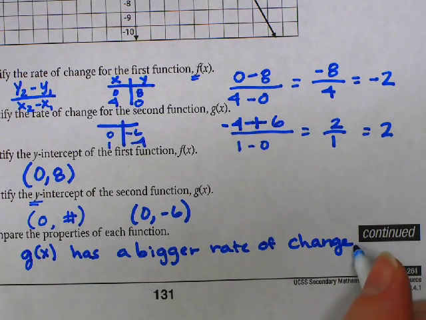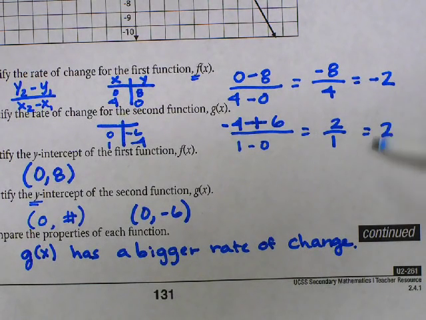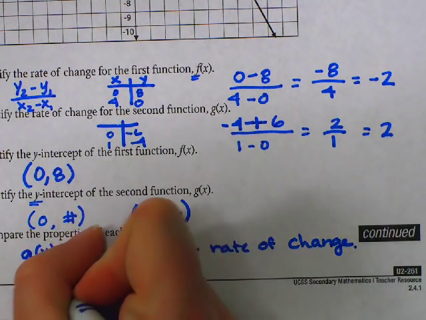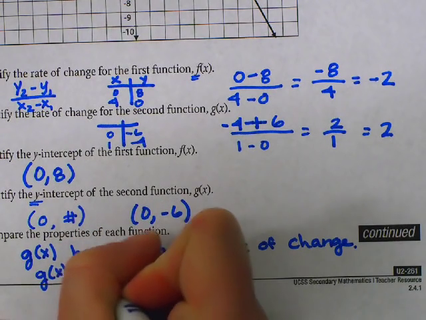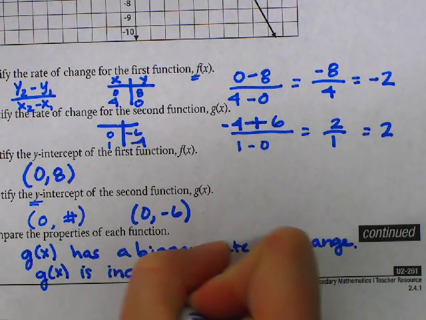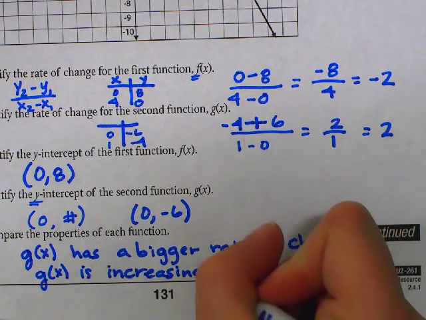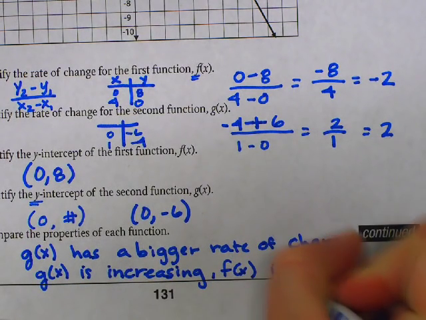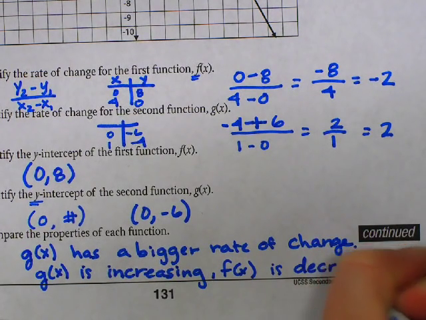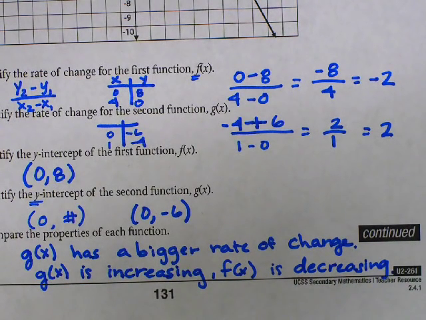One other thing I might want to bring up here is because my rate of change is positive, g of x is increasing. And because this one's negative, f of x is decreasing. And then I just want to say one thing about my intercepts.